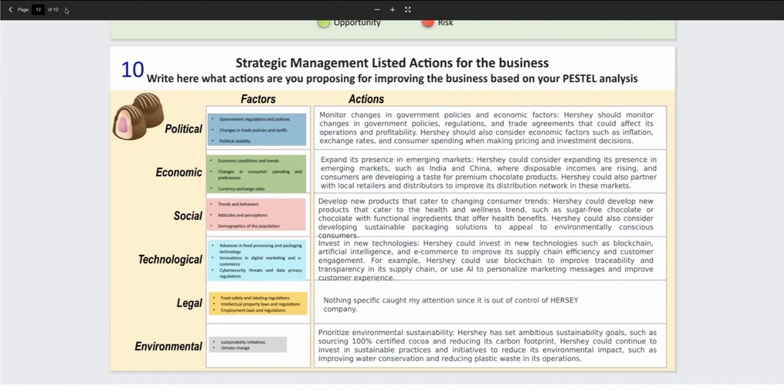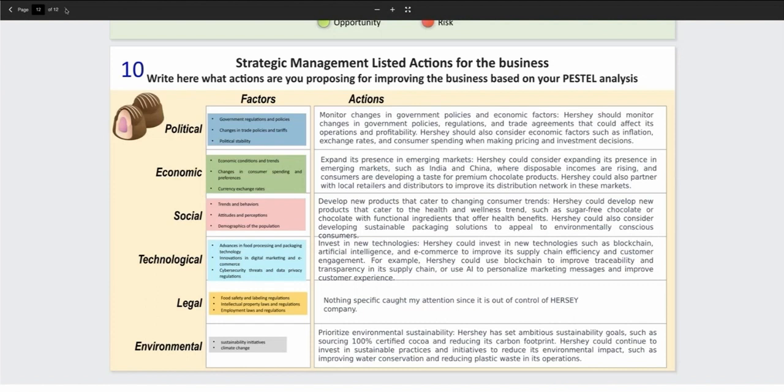In this case, us, as research scientists and people who do business analytics, we are going to propose actions to each company. Here, I was proposing actions to Hershey's company, telling them that based on the actual status in politics, economic, social, technology, legal, and environmental sectors, for the political branch, you can monitor changes in government policies and economic factors.